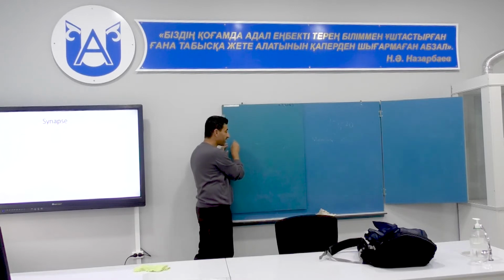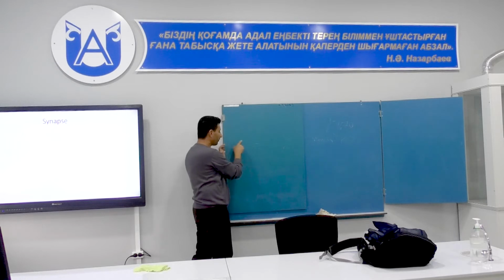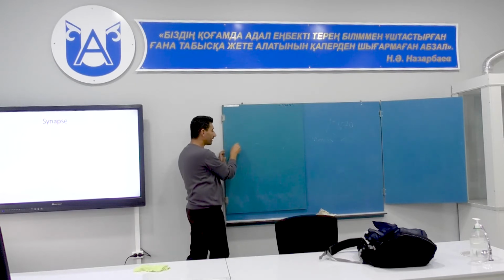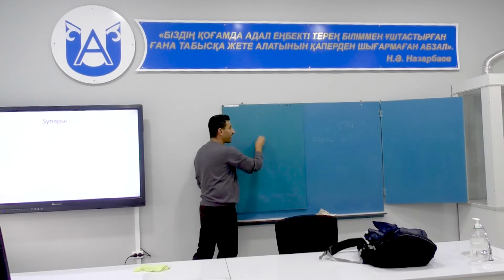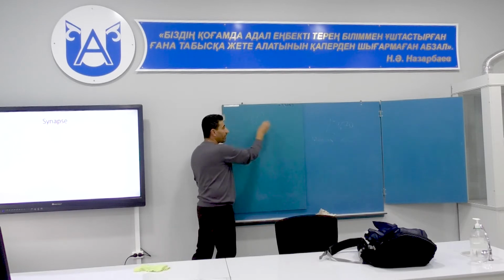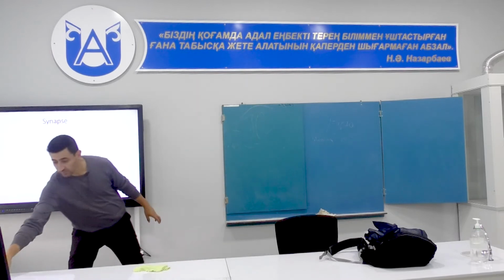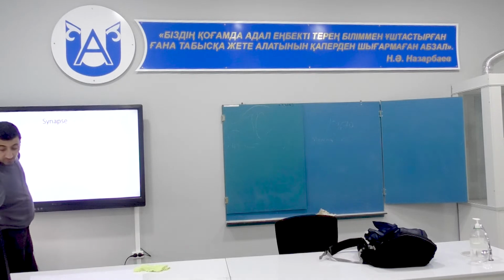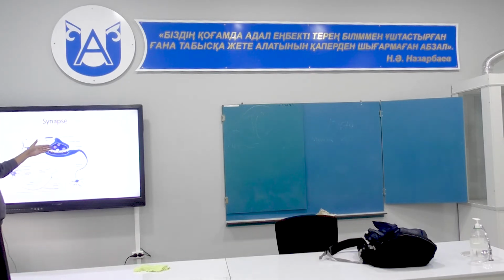If we want to have another cell here, there is a synapse. How can we define this? Synapse is the contact of a neuron with another neuron, or with muscles, or with glands. Here there are some chemical signals we call neurotransmitters.